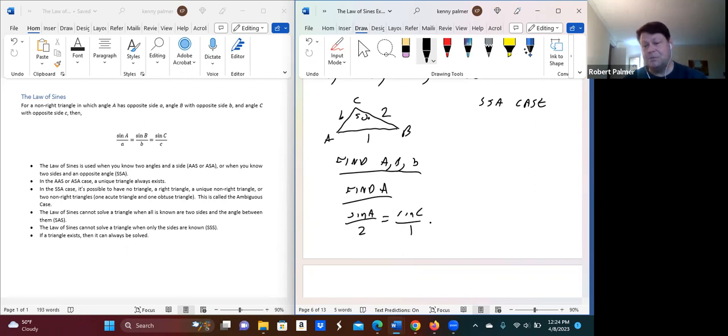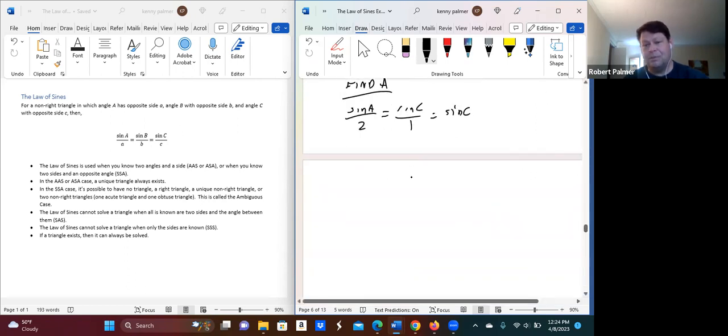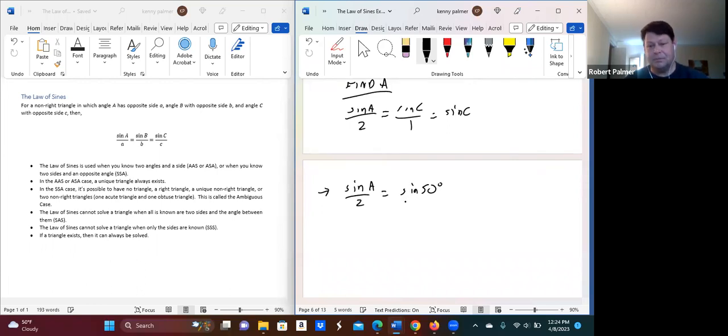If that's convenient, that just becomes sine of angle C. Once again, plug in everything. And so we have the sine of angle A over 2 is equal to the sine of angle C. And angle C is 50 degrees, so the sine of 50 degrees. Of course, then the sine of A becomes 2 times the sine of 50.